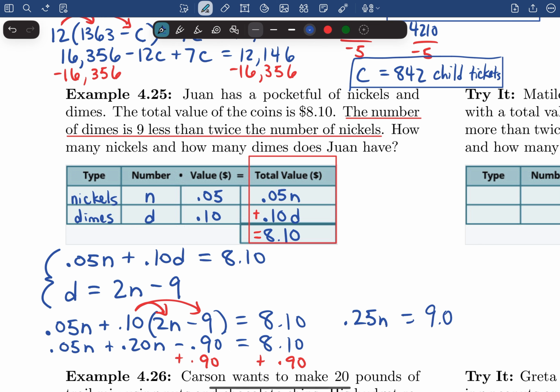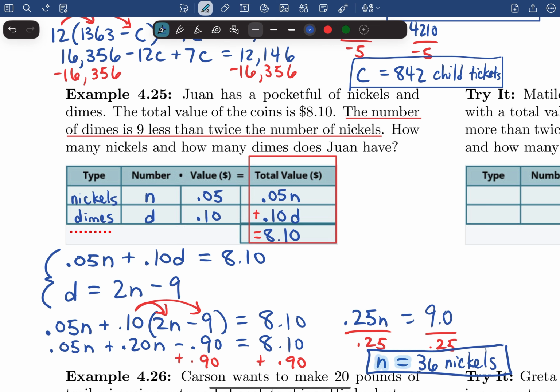Okay? And now, to finish, I will divide by 0.25 from left to right. And I find out the number of nickels. Well, that's going to be 9 times 4, 36. There are 36 nickels.